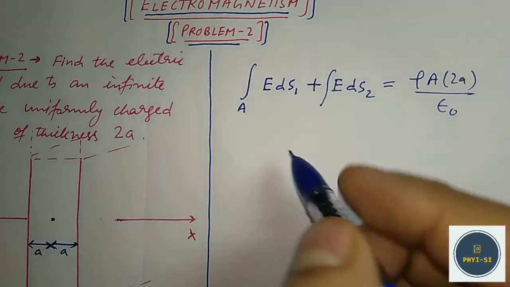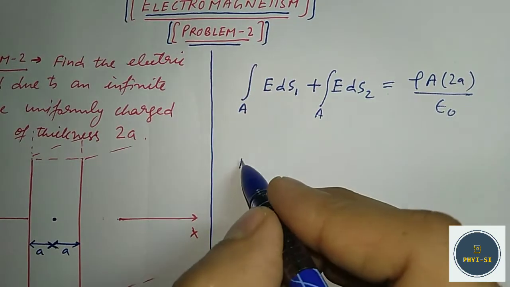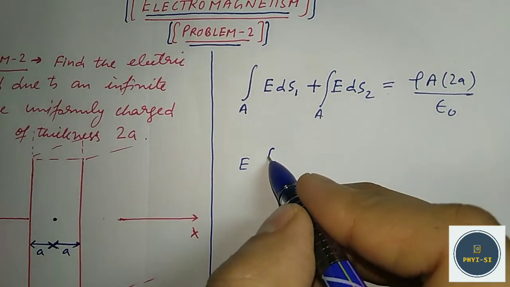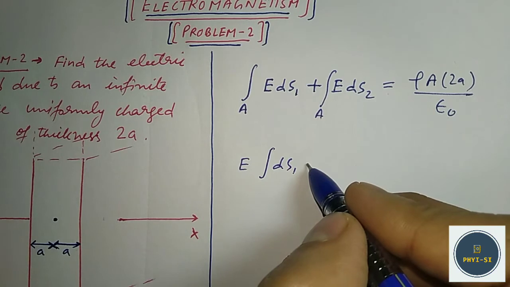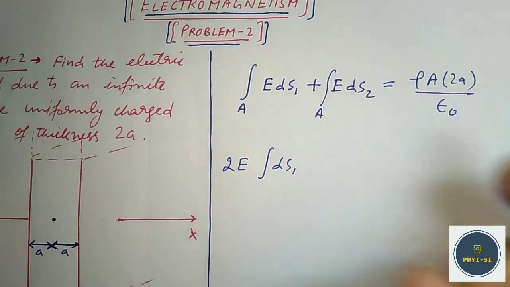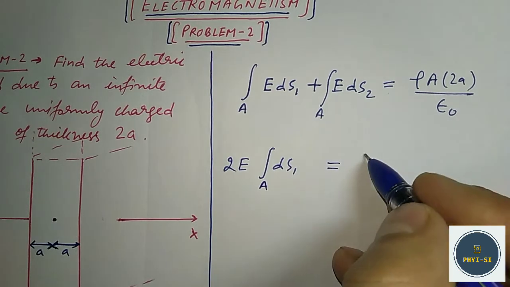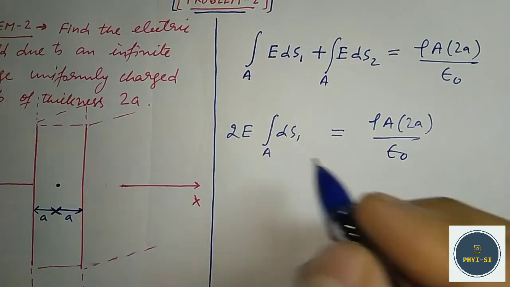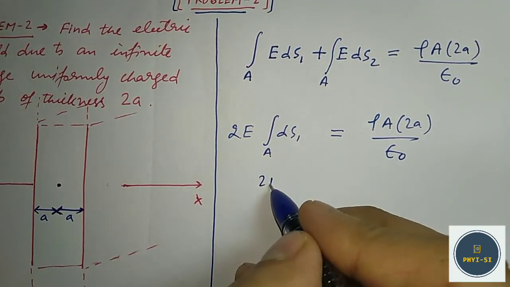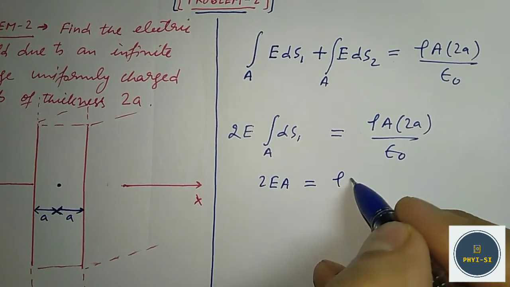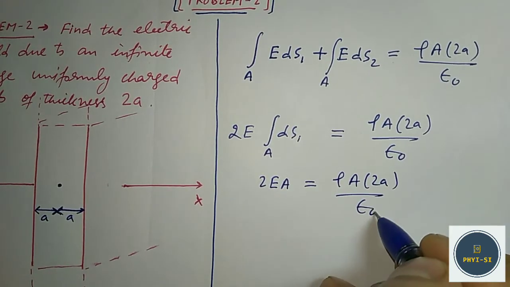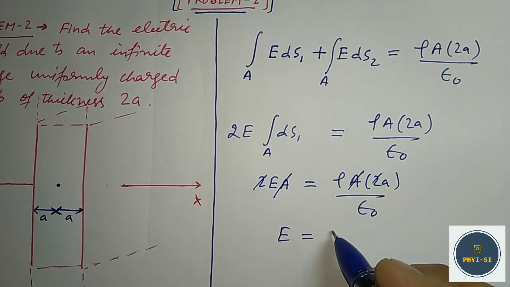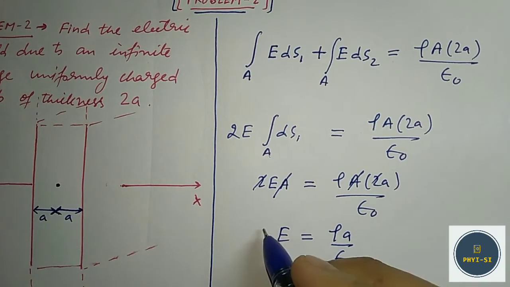The electric field can be taken outside because it is constant over the whole surface area A. So it will be twice E times A, because ds1 and ds2 are the same. If I integrate it, I get 2EA equal to rho A into twice of a divided by epsilon naught. A and 2 cancel out, and the electric field is equal to rho a over epsilon naught.